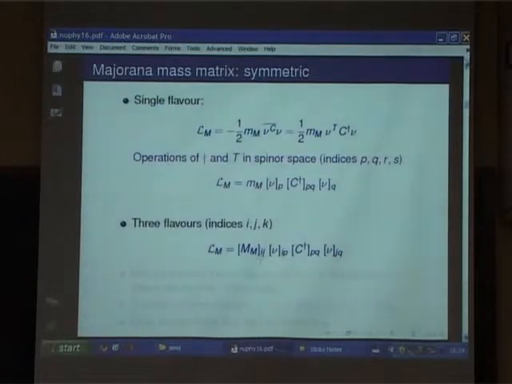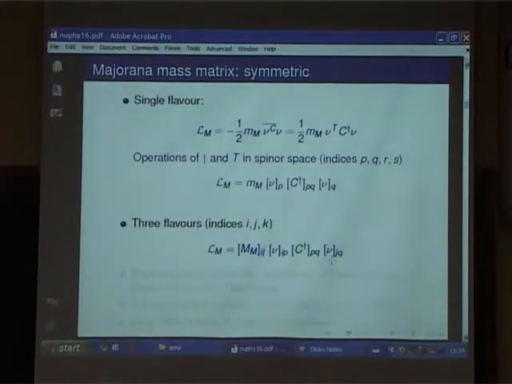They are dummy indices, right? They are summed over i and j. So what happens? This M_M, what does this become? M_M ji. This is nu j p, this p q and this is nu i q. So what has happened is M_M has interchanged its indices, but everything else has stayed the same. So what this means is that if I interchange indices i and j, nothing changes.